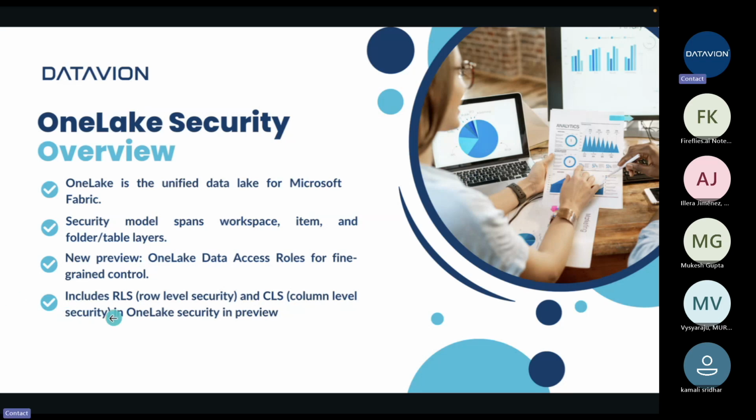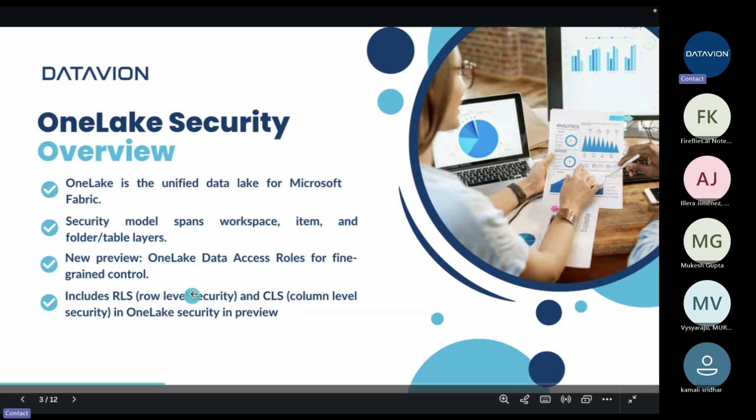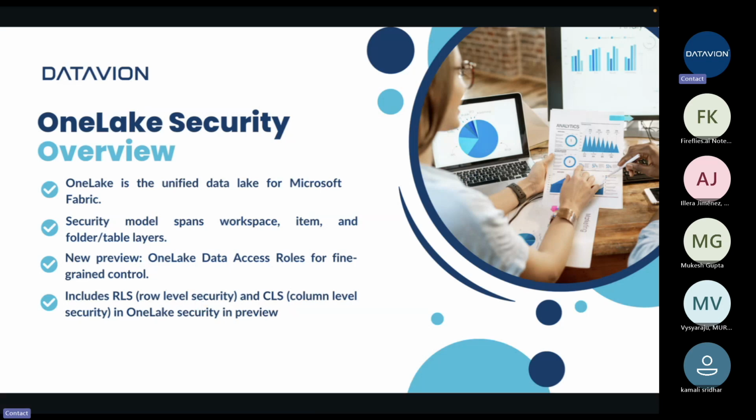As a part of the OneLake data access roles in the third layer, we can also look at row level security and column level security in OneLake. We can see how Microsoft is helping us do that, because earlier in Power BI you could do that at the model level, the RLS and CLS, and get it secured.